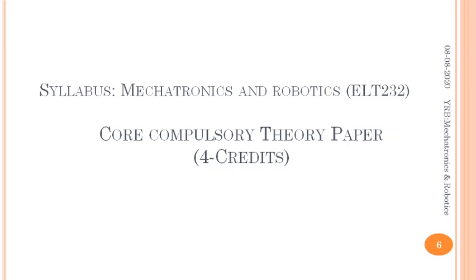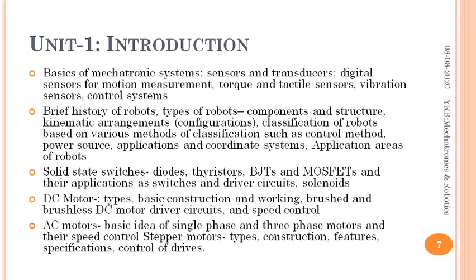It is a core compulsory theory paper having weightage of 4 credits. 4 credits means our syllabus will include 4 chapters. Let us have an overview of these 4 chapters.